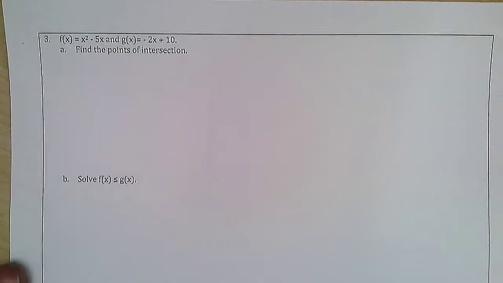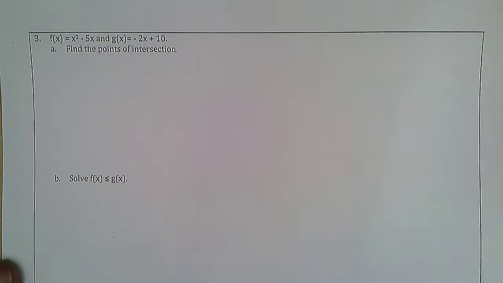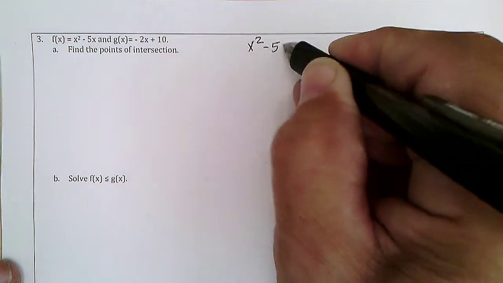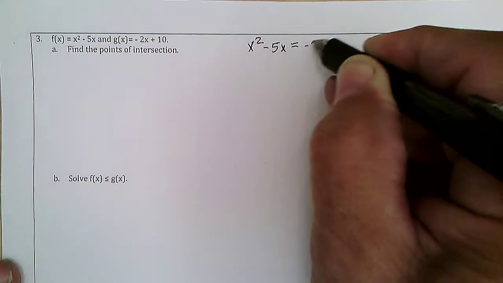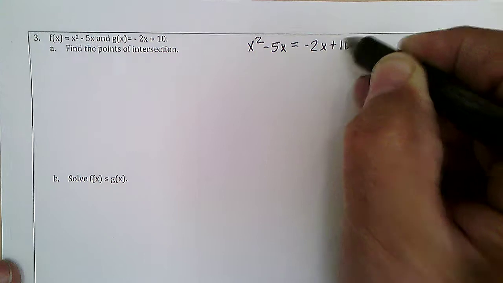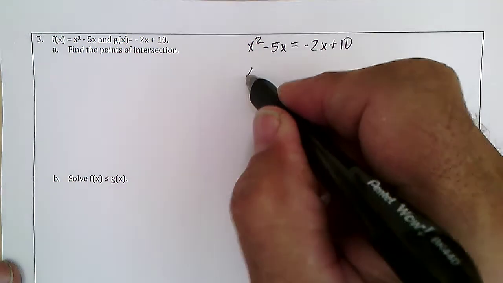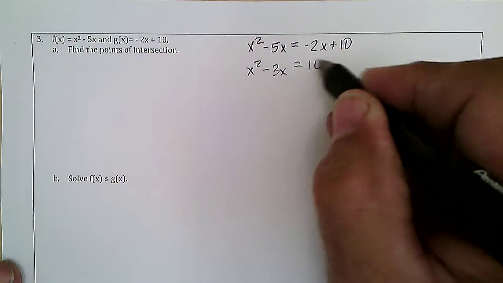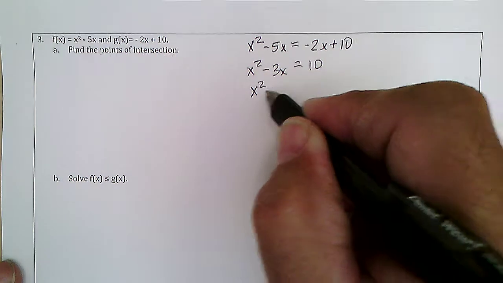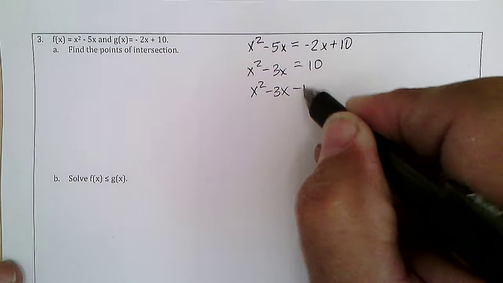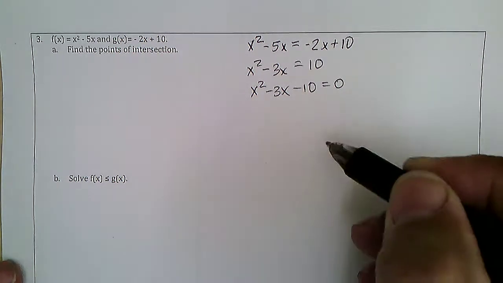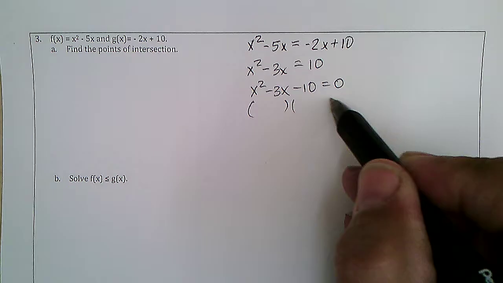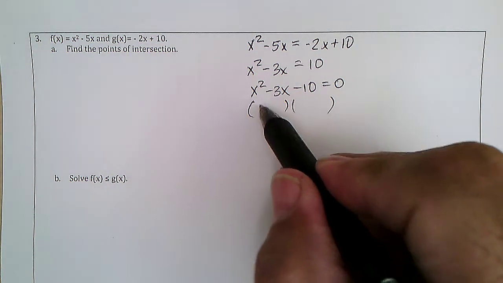3. Where do these intersect? So we have x squared minus 5x equals -2x plus 10. Add 2x to both sides. We get x squared minus 3x equals 10. Subtract 10 from both sides. X squared minus 3x minus 10 equals 0. And then we factor or use the quadratic formula, but this factor is fairly easy.